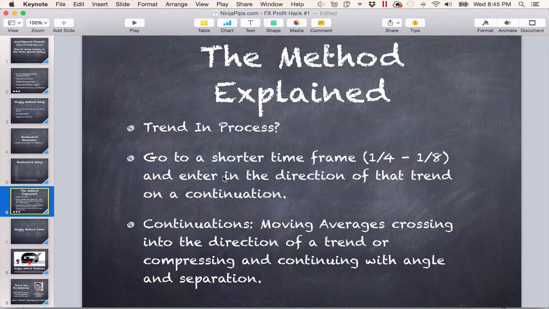This method works on any time frame, but we're going to start with a longer time frame, and then on a shorter time frame, once we spot a trend, approximately a quarter to 1/8 of the larger time frame, enter in the direction of that trend on a continuation. And continuations are moving averages crossing into the direction of a trend or compressing and continuing with angle and separation. That's it. These are the only things we're looking for with this method.